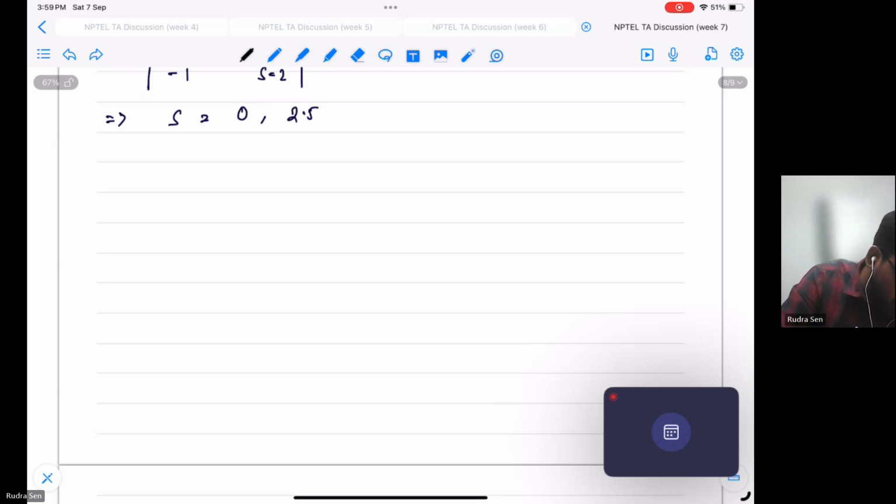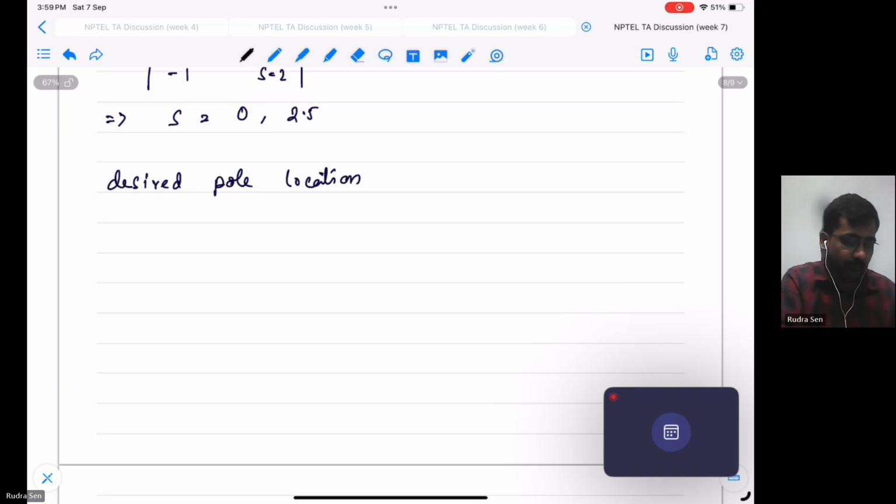The desired pole location is s equals -1 plus minus j, right?